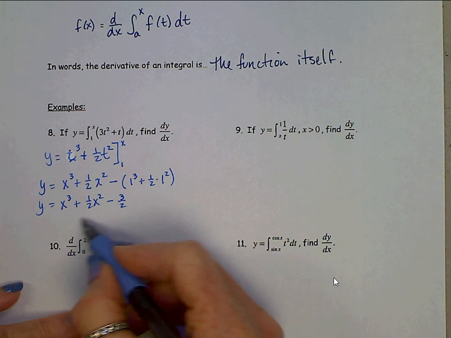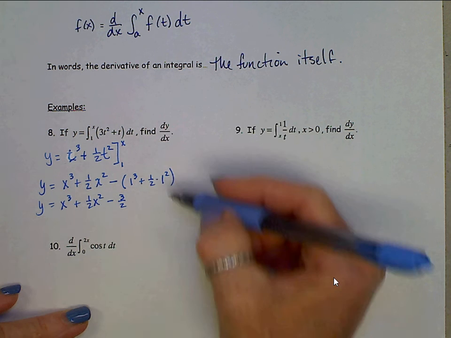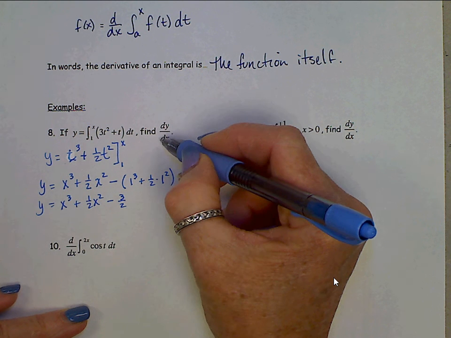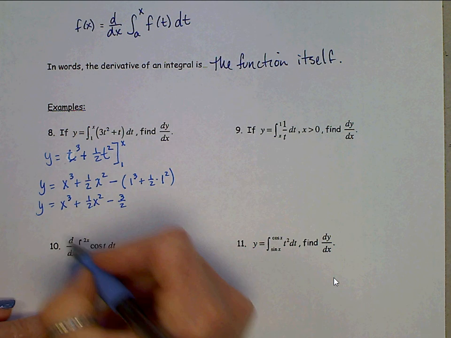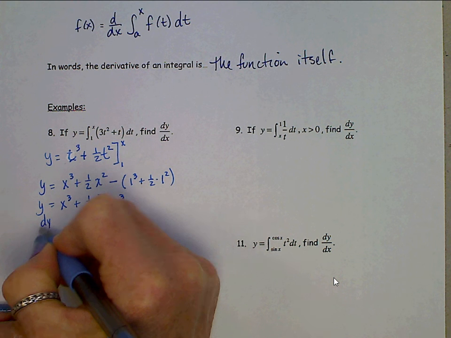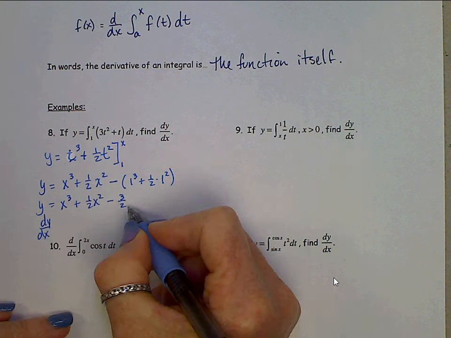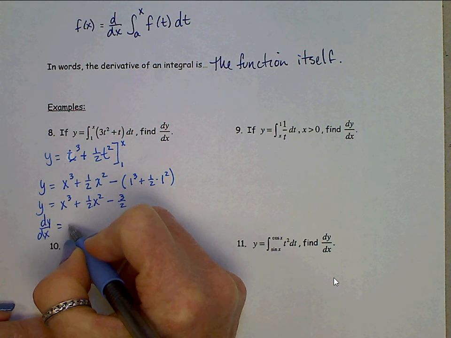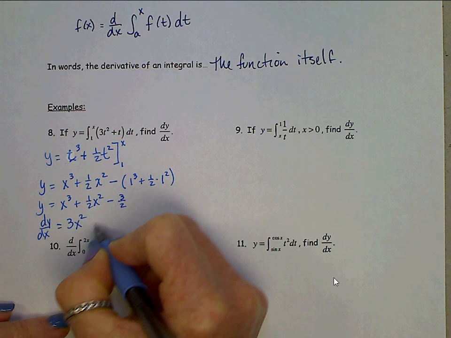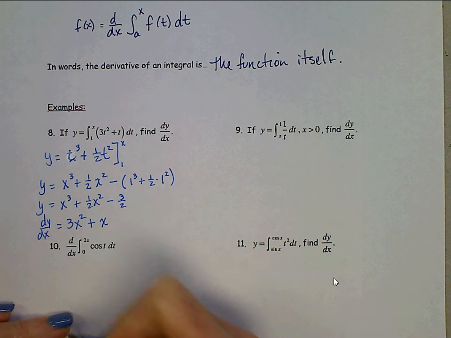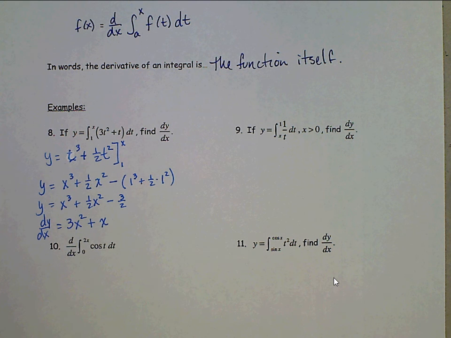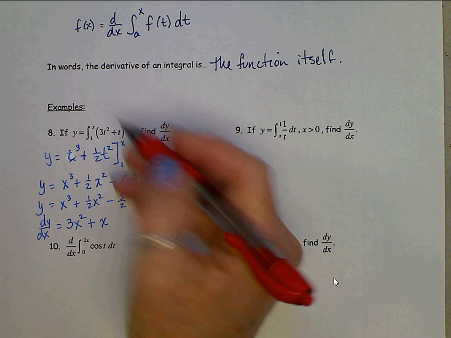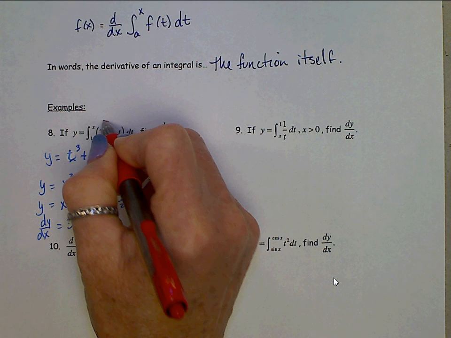Fabulous. That's just y. But I want you to find dy dx. So finding dy dx now, do a derivative of that function, and we are at 3x squared plus x. All right, now look please. Original problem.